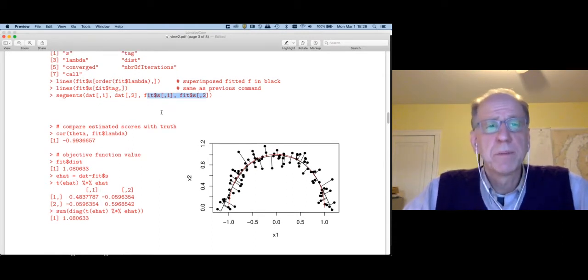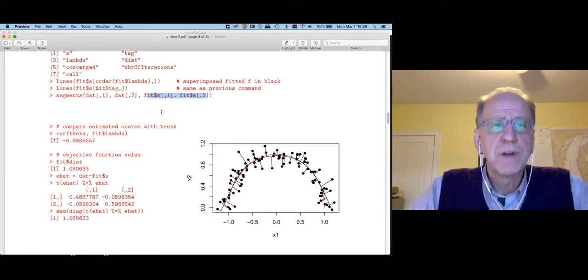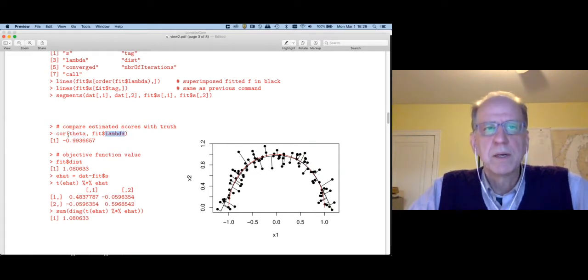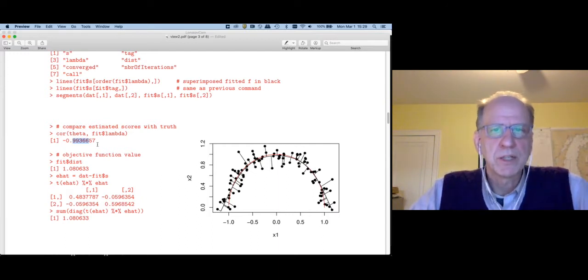In my little problem here, I know the true values of theta. You can think of theta as being a latent variable. So how do my estimated values, these fit$lambdas, compare with the true thetas? And the answer is really well. The correlation is 0.994. Now there's a minus sign because the curve happened to go in the opposite direction.